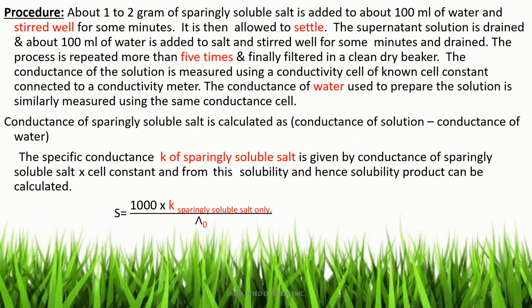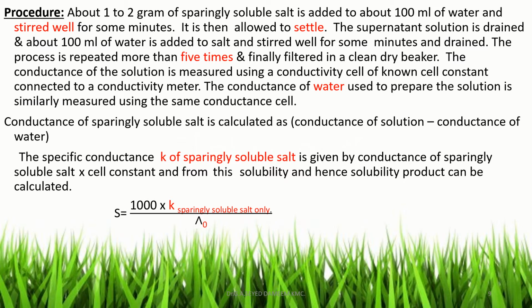Finally the solution is filtered into a clean dry beaker, and the conductance of the solution is measured using a conductivity cell of known cell constant connected to a conductivity meter. The conductance of the water used to prepare the solution is similarly measured using the same conductivity cell.